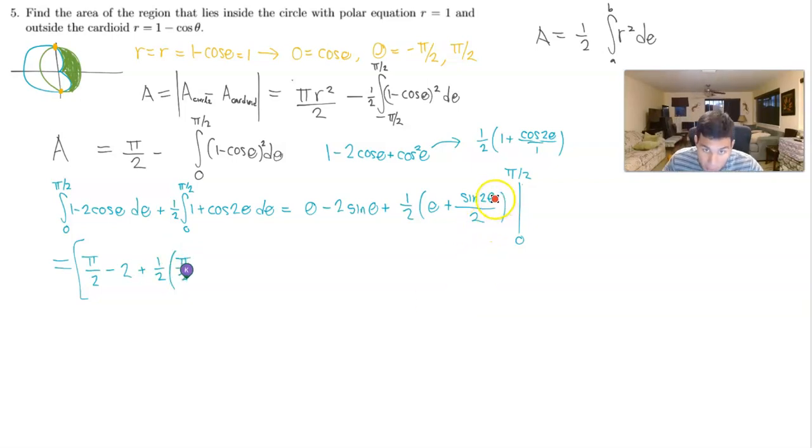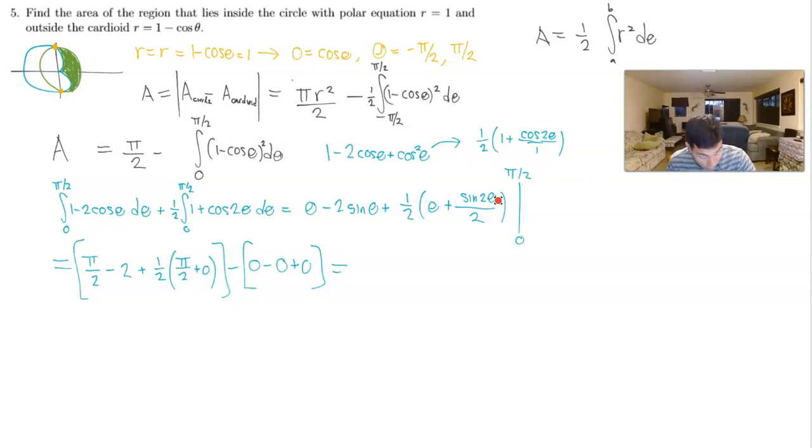Now sine 2 theta, replace the theta with pi over 2. That's 2 times pi over 2, then sine of pi is 0. So plus 0. Now minus, what happens when we put 0 into everything? Well, then we get 0 minus 0 plus 0. If I didn't do anything wrong, there we go. What does this become?